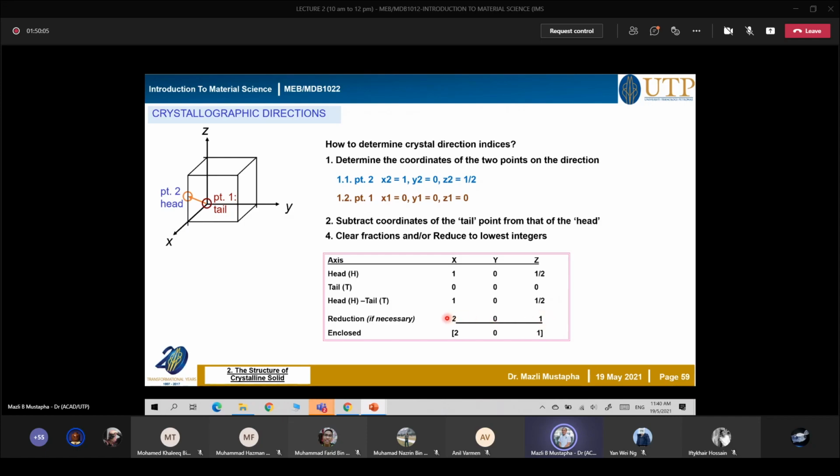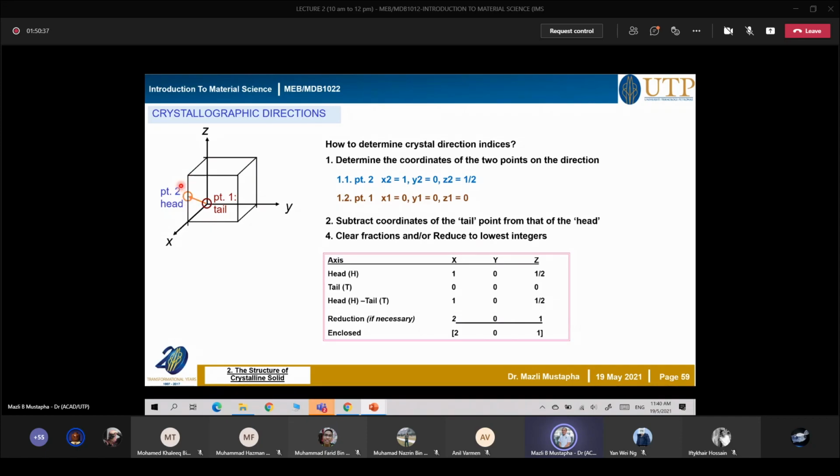So our final answer, the direction, should be in the form of square bracket. This is your worked example, these are your steps. So your direction for this one is 201 in the square bracket. I repeat again. First you need to do, let's say you know this is half of the z length.